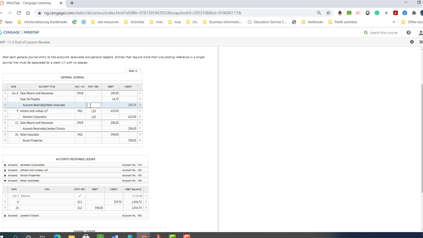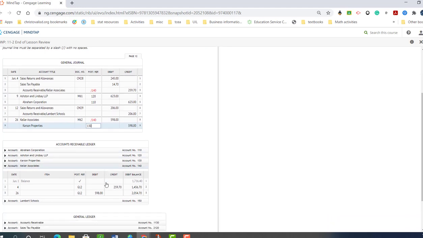And then up here, this is where we have the slash. And that would be the 140. This would be slash 140. And then Carson Properties had the 130 as their account number.